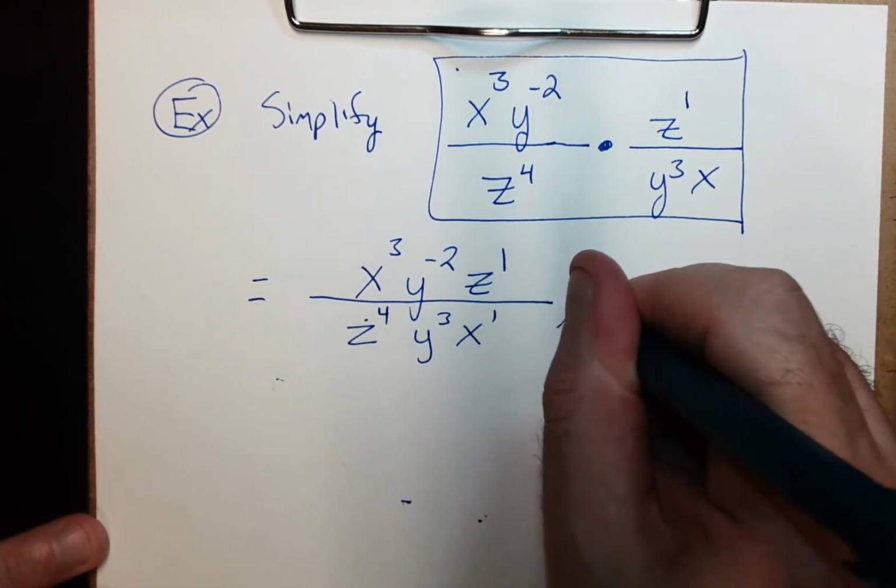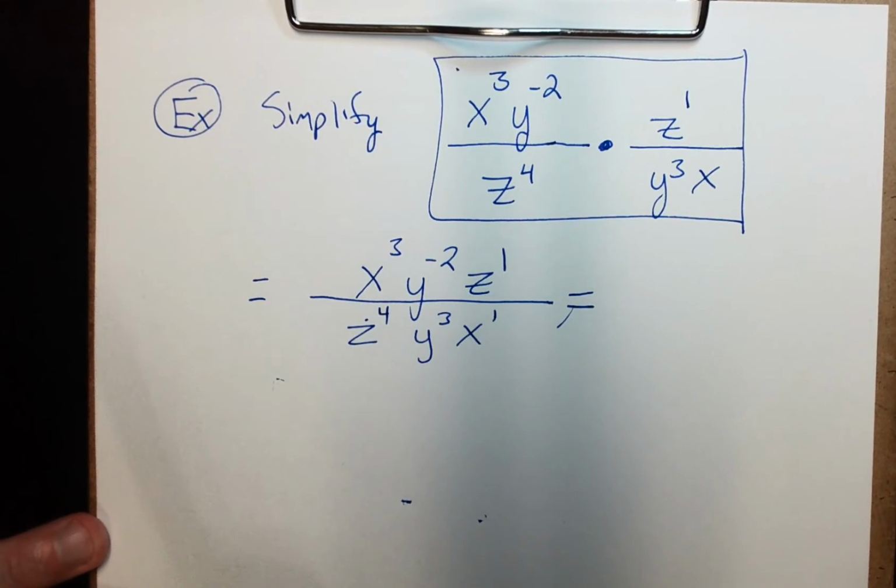Like if they say, example, simplify x to the 3, y to the negative 2, over z to the 4, times, let's say, z to the 1 over y to the 3 x.